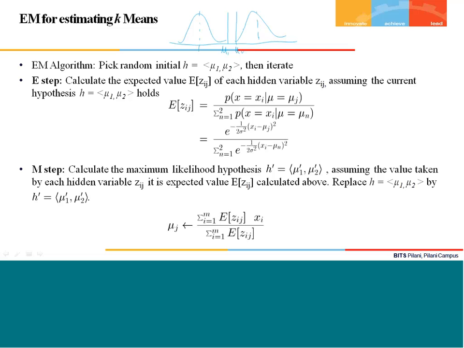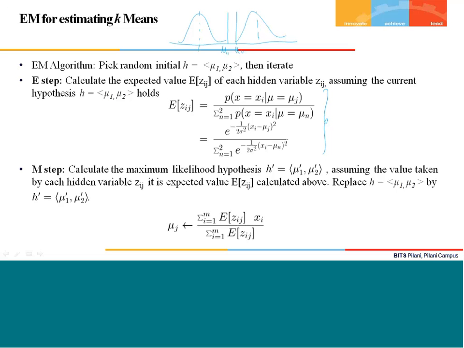Now, what I will do is calculate the expected value of Zij. What does the expected value of Zij mean? On average, given the value of x, what is the probability that it belongs to the first normal distribution, or what is the expected value that it belongs to the second normal distribution?